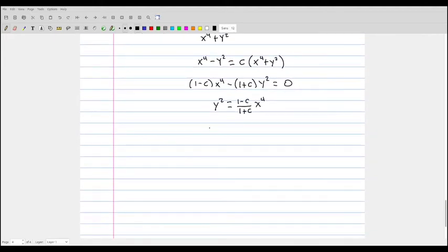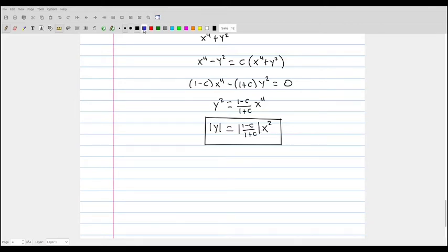Or taking the square root of both sides, the absolute value of y is equal to the absolute value of 1 minus c over 1 plus c, times x squared. So the level curves of this function look exactly like this. This is the shape of the level curves.